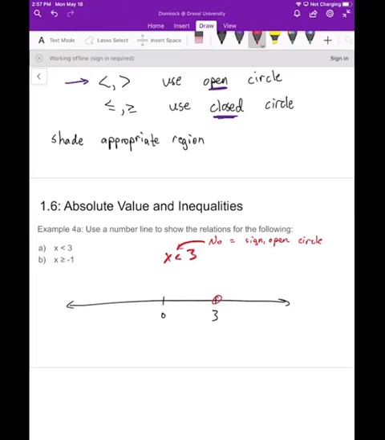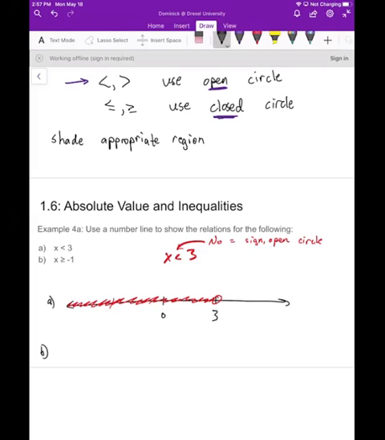I have an open circle on 3. Now, if I want numbers that are less than 3, I want numbers that are down here. So I'm going to shade everything to the left of my 3 there with an open circle, right?